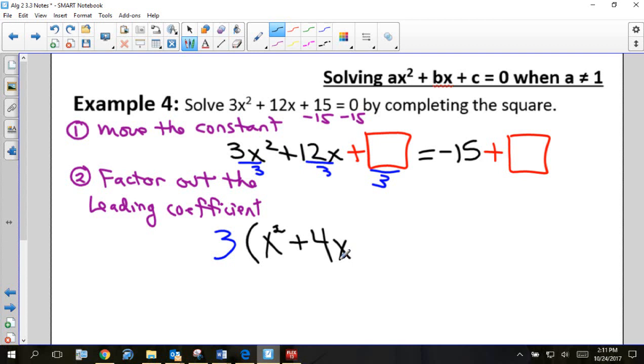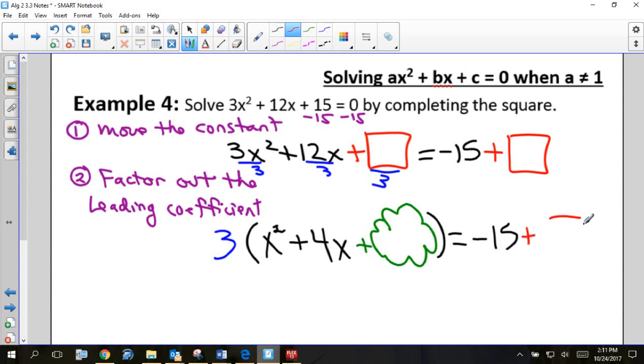So I'm not going to make it a square. I'm just going to make it into a fluffy cloud. I just chose a different shape that's not a square. If you can't handle putting a fluffy cloud, you make up your own shape, that's fine. On the other side, it's still negative 15 plus square, because I didn't change the other side.